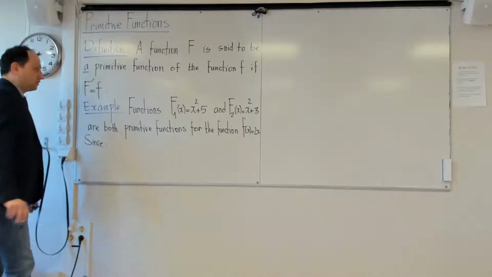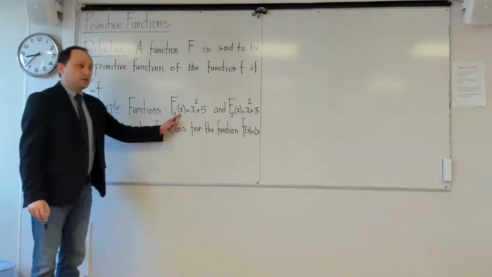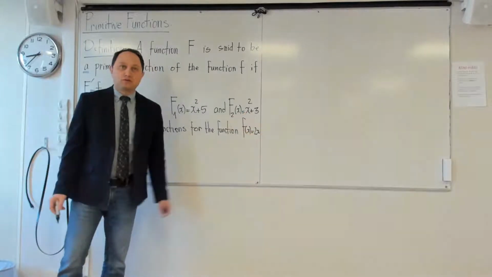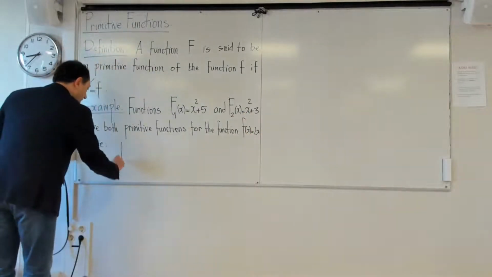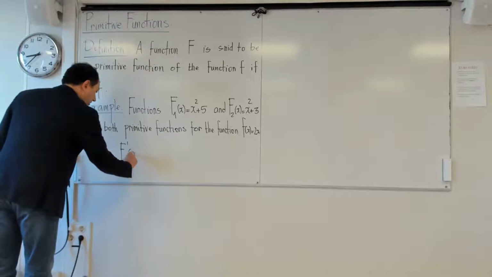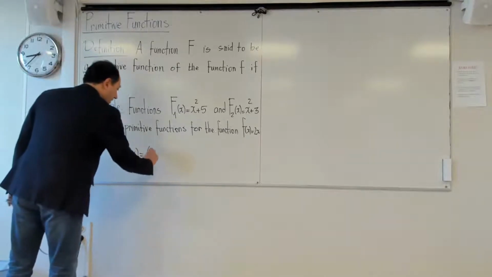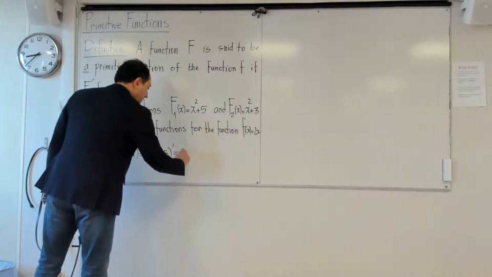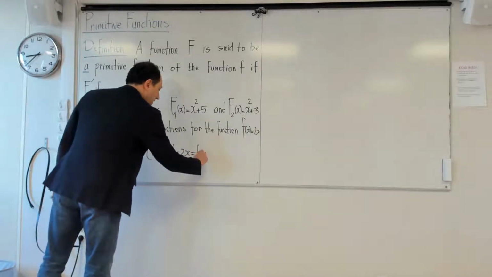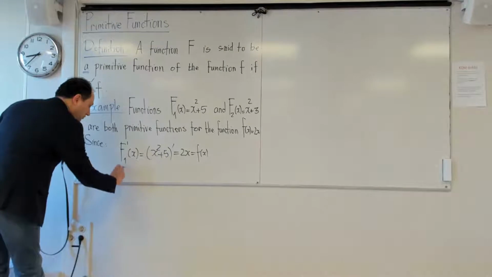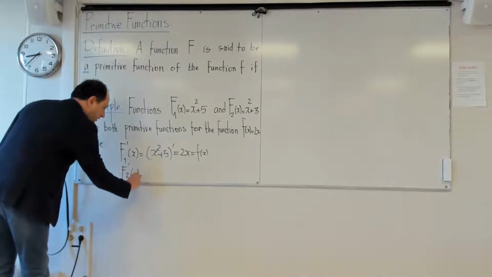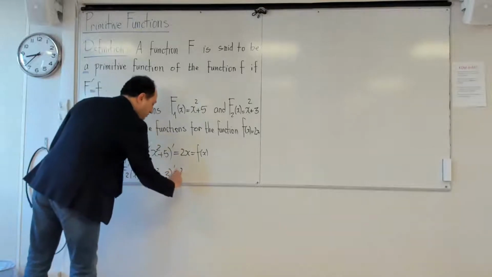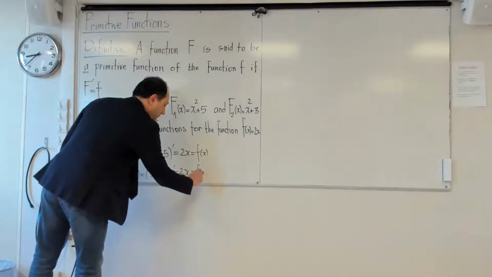Why is that? Because if I differentiate this function, it is 2x. If I differentiate this function, that's also 2x. So f1 prime of x is equal to x squared plus 5 derivative, and this, you know that it is 2x, and this is just little f of x. And the same is true for f2 prime of x. It is x squared plus 3 prime, and that is also 2x, and that is f of x.